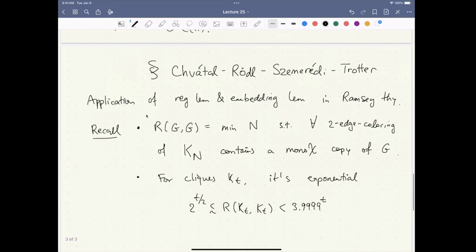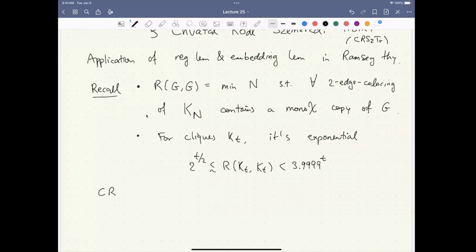So this is the Chvátal–Rödl–Szemerédi–Trotter theorem, abbreviated as CRST. It says that for bounded degree graph G, the Ramsey number is linear instead of exponential in the order of the graph G.